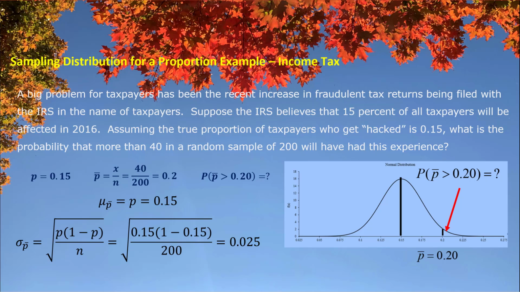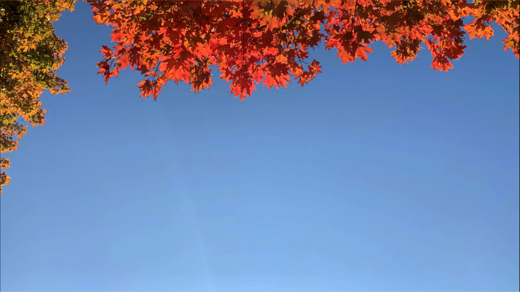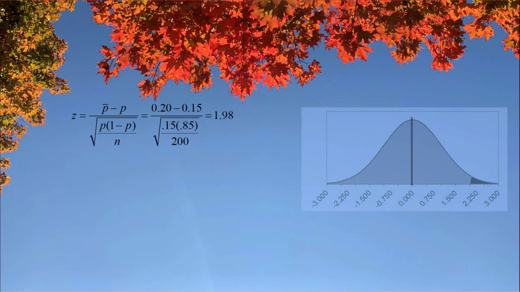So here is the event on the right side, the little tail. We try to find the probability of that event. Put all the information in the Excel function, and we can find the answer right away. Similarly, we can find the standard value first, which is 1.98, and then look at the standard normal distribution chart.